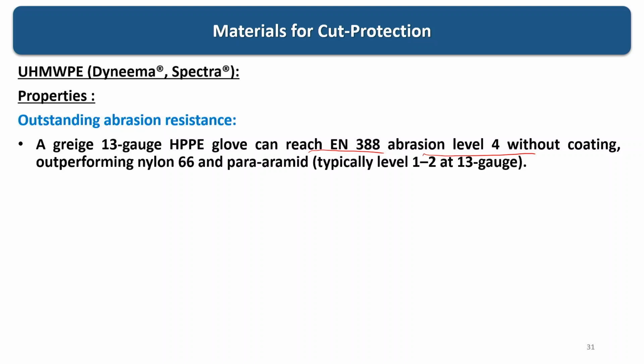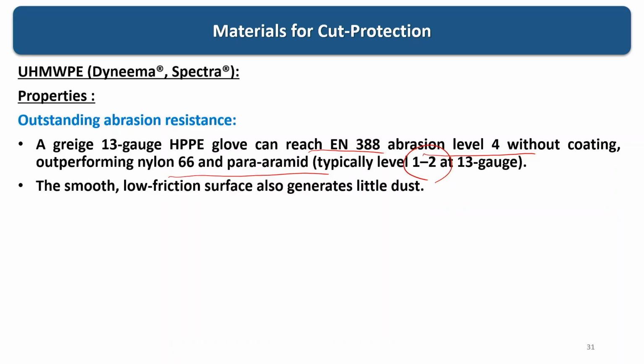So, without coating its abrasion level reaches 4, outperforming nylon 66 and para-aramid. Para-aramid typically goes up to level 1 to 2. So, it is highly abrasion resistant.